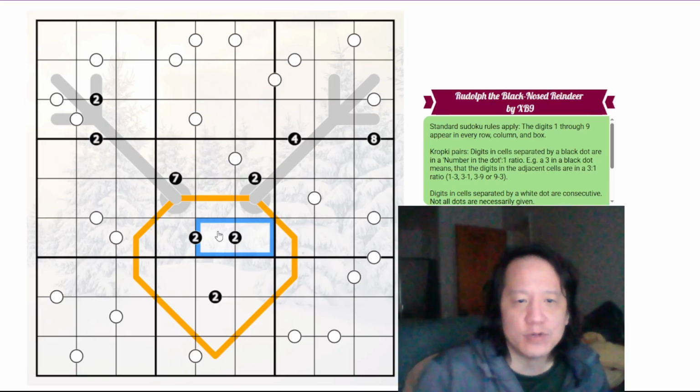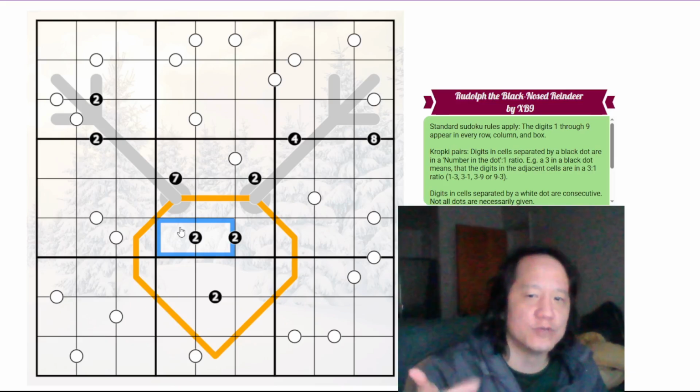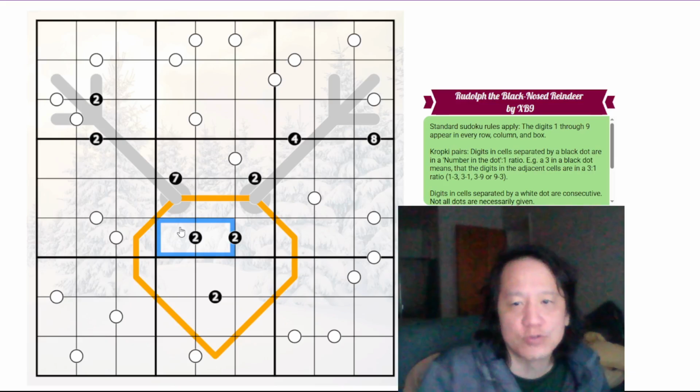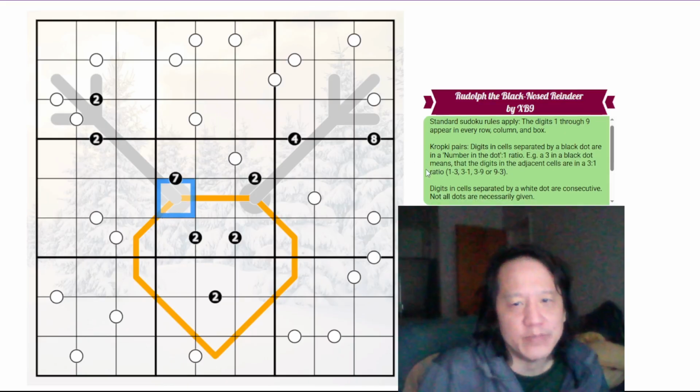For example, a 3 in a black dot means that the digits in the adjacent cells are in a 3 to 1 ratio. That is 1 to 3, 3 to 1, 3 to 9, or 9 to 3. You could also have 2 to 6 or 6 to 2, as an example.